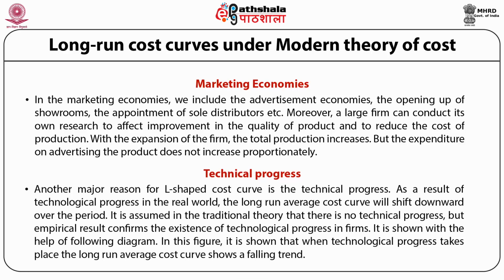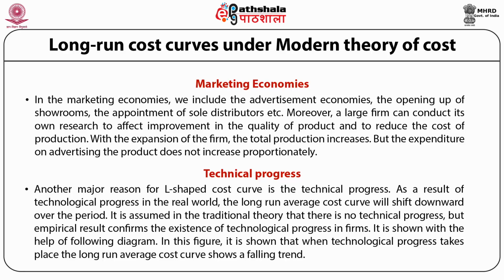Another major reason for the L-shaped cost curve is the technical progress. As a result of technological progress in the real world, the long-run average cost curve will shift downward over the period. It is assumed in the traditional theory that there is no technical progress, but empirical results confirm the existence of technological progress in firms.